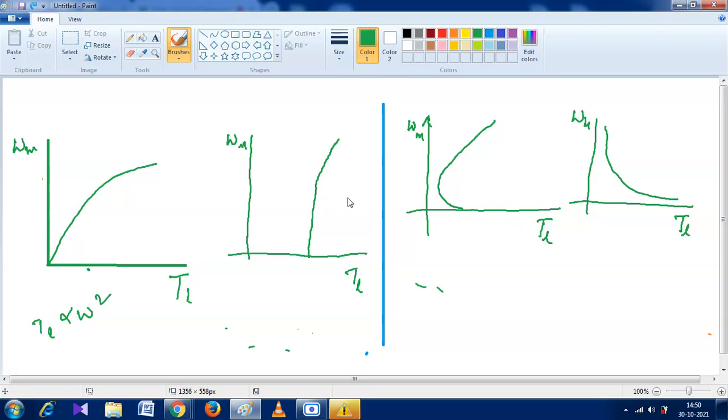And the third one is, suppose we have a roller and we have to increase the speed of the roller. What do we do when we start it? At that time, when the speed is near zero, we require high torque.